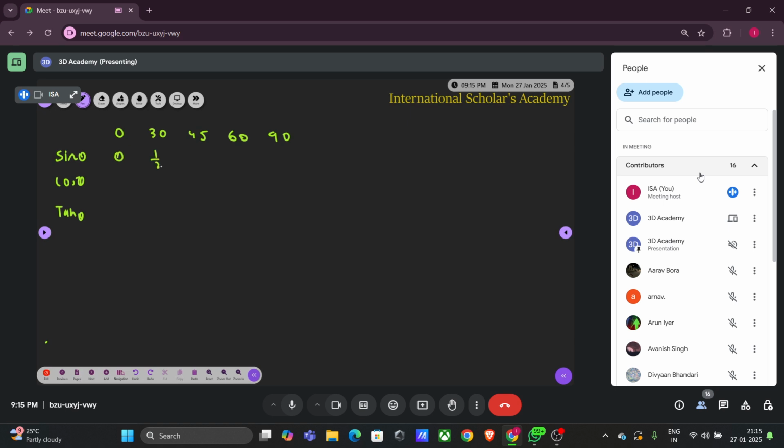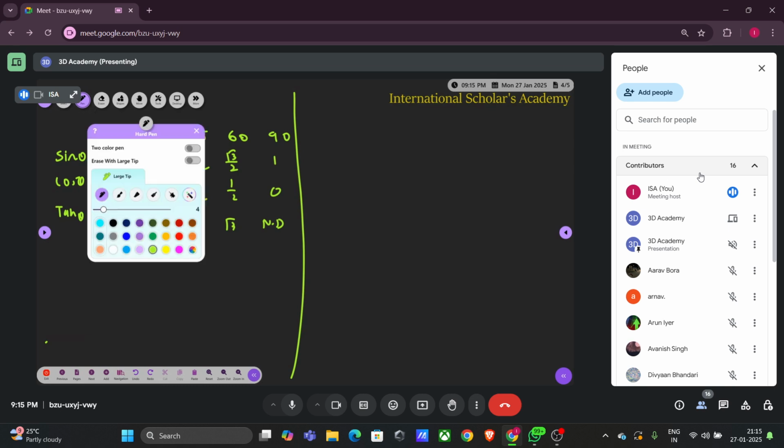Sin: 0, 1 upon 2, 1 upon root 2, root 3 upon 2, 1. Cos: 1, root 3 upon 2, 1 upon root 2, 1 upon 2, 0. Tan: 0, 1 upon root 3, 1, root 3, not defined. Why do I always write it in front of you? To make sure you understand that it takes less than a minute to write, so that you don't get lazy before the exam. It takes hardly 1 minute to write.